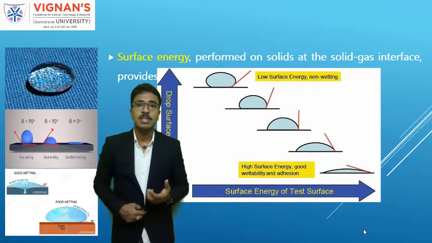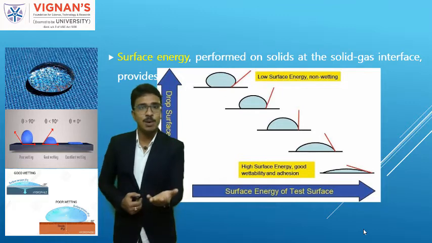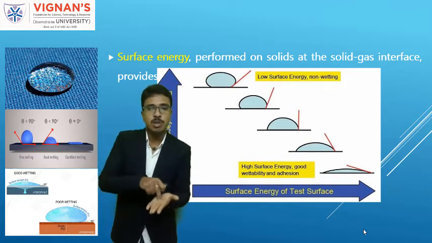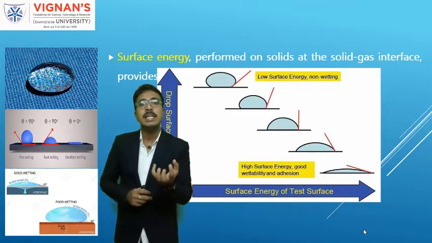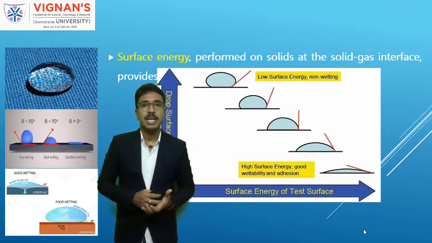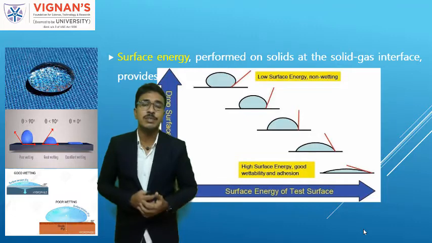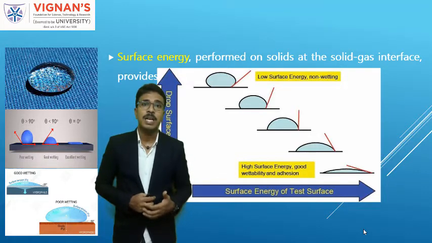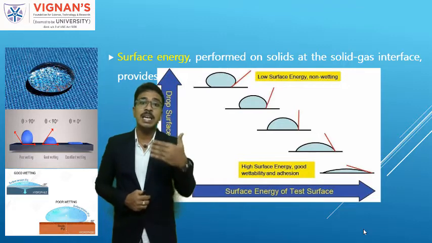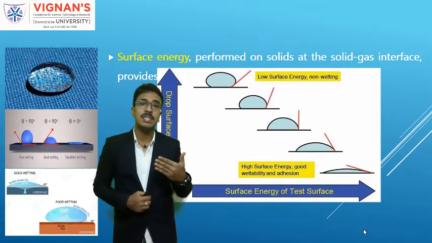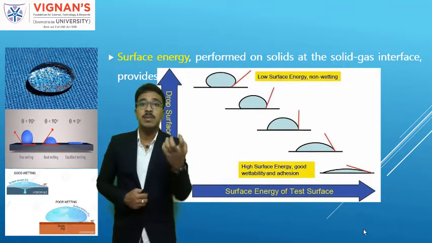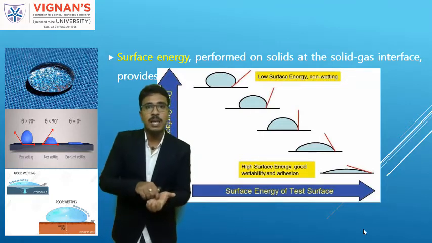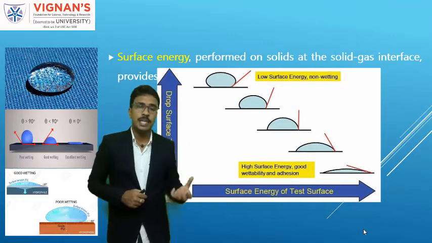Why? Because suppose you take normal cotton fabric and put a drop of water, it is easily absorbed by the fabric. So what is the characteristic of the surface there? The cotton fabric surface has higher energy than the water droplet, so whenever you put a water droplet, it is easily absorbed by the fabric.